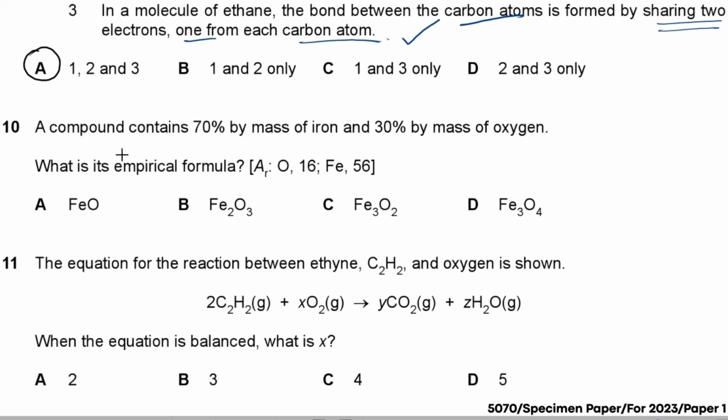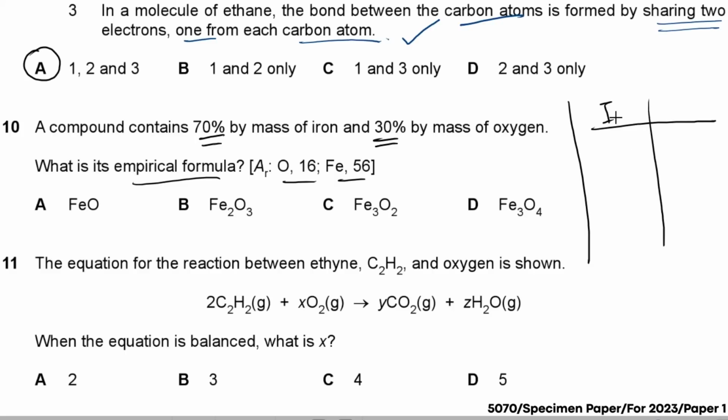Moving on, in number 10, a compound contains 70% by mass of iron and 30% by mass of oxygen. What is the empirical formula? To make things easier, we obviously have the ARs given to us. So let's go ahead and try to deduce the empirical formula. We've got iron, which is Fe, and we've got oxygen right here.